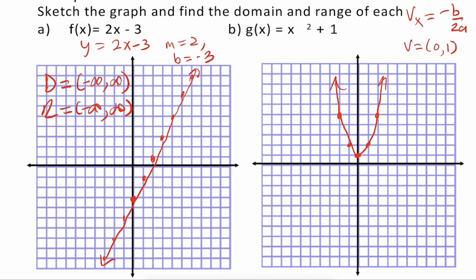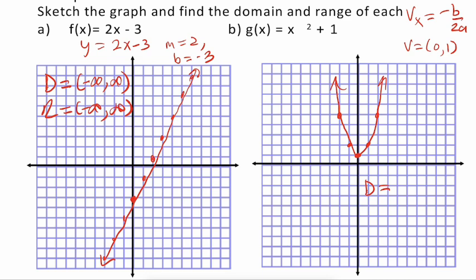Now let's talk about domain and range. The domain of a parabola: is there any value that you're restricted to plug in? No. This U shape, this parabola shape, will widen and widen and widen for the rest of existence.